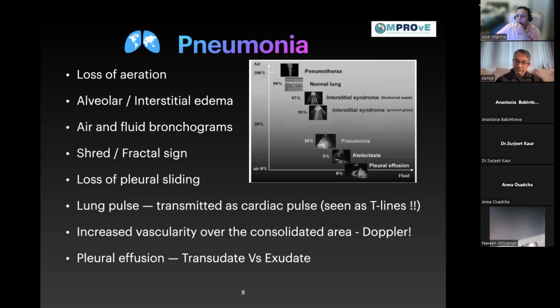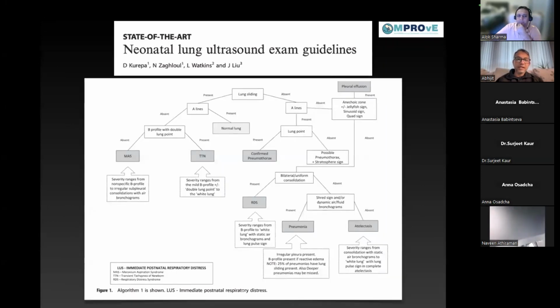It could be transudate, in a variety of pathologies which are not pneumonia, or in case of a pneumonia, it could be exudate in bacterial pneumonias. So you will see the pleural effusion, and we will see how the pleural effusion looks in lung ultrasound. So this is quite an old guideline, and I still like it, and I put it here.